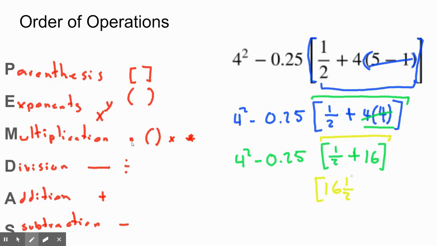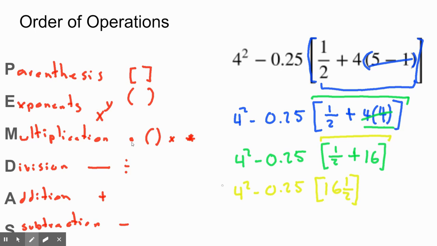And I'm going to keep it in the brackets. Really, I could make these parentheses at this point if I wanted to, but we're going to keep rewriting it like so. Next, we have to look at what we have here. We do have some parentheses, but nothing inside of there needs to be worried about.